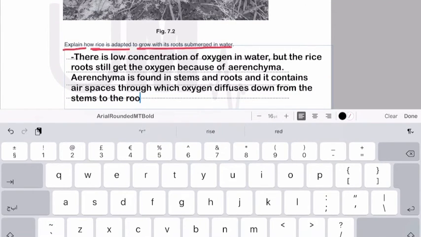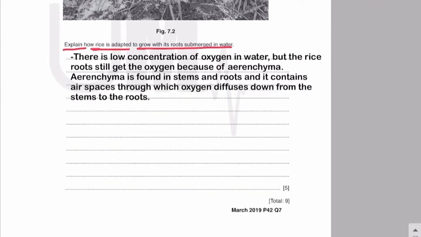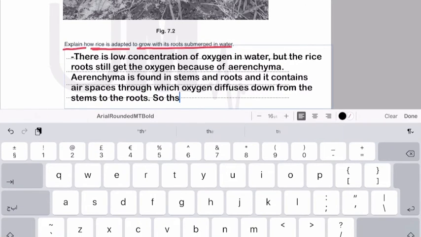So because of the parenchyma, the oxygen from the stems can reach the roots, so that roots can carry out aerobic respiration.